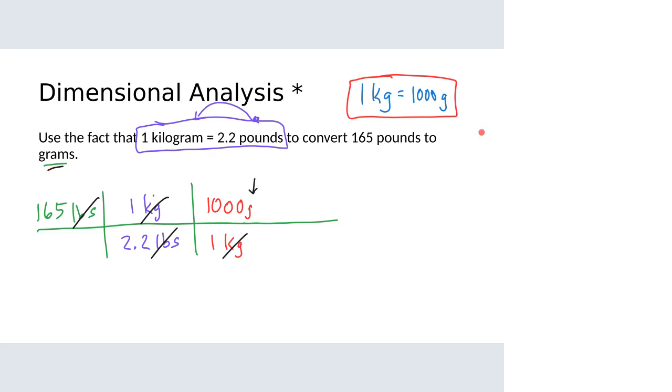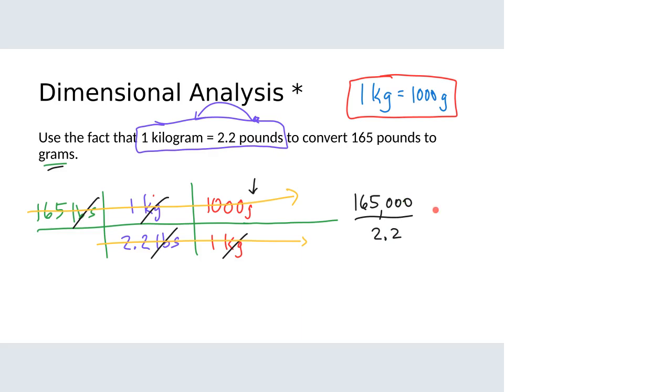The only thing left for me to do is multiply on top, multiply on the bottom, and then divide. So let's see, we'll multiply on the top. 165 times 1 times 1,000 is 165,000. On the bottom, I have 2.2 times 1, so that's just 2.2.